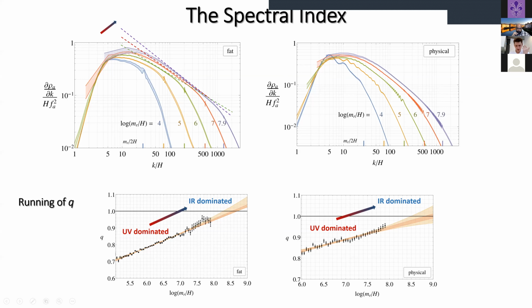So the most conservative extrapolation of this running of q implies that q is larger than 1 at log equals 70. And actually, these lines can be fitted very well with just a linear function. Finally, we want to notice that as long as q is definitely larger than 1, the number of axions is not very dependent on the shape of the spectrum and on the numerical value of q.